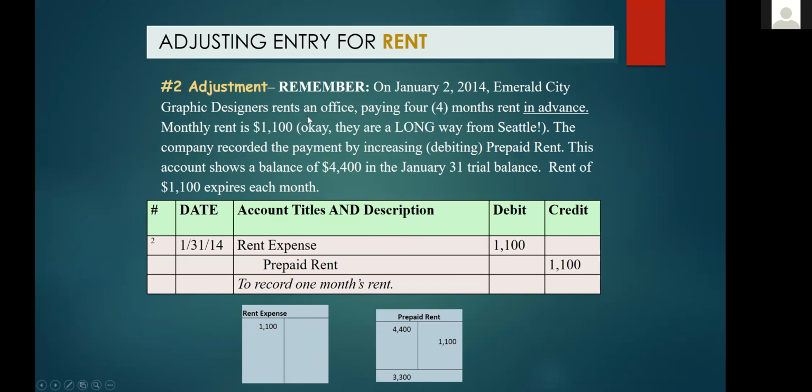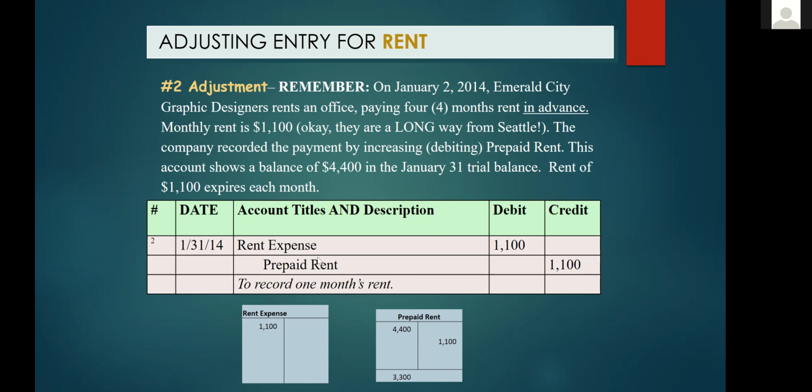So we had rent of 4,400 and we said 1 month has gone by, so we got to reduce it by 1,100. So we reduce prepaid rent by 1,100 and then we get it off of the balance sheet and it goes onto the income statement. We've used something up, so that means it's an expense. So it's rent expense, okay?